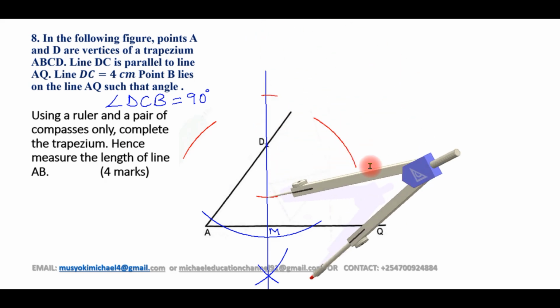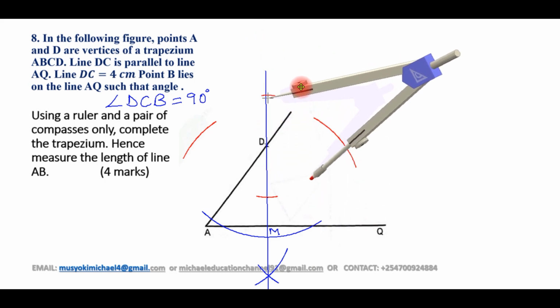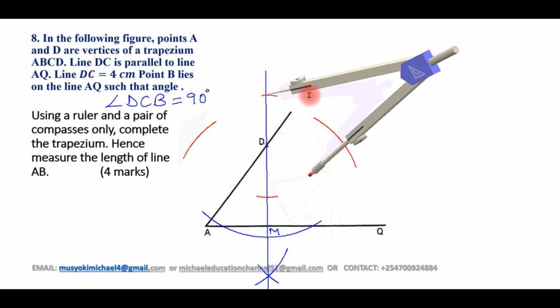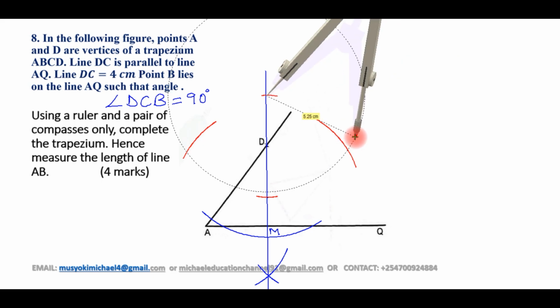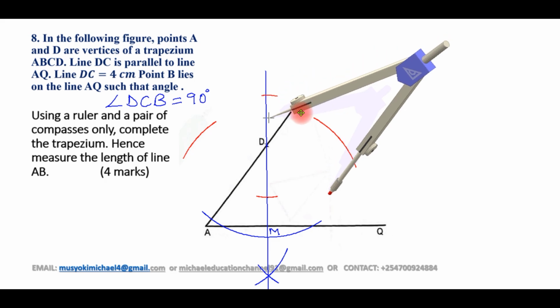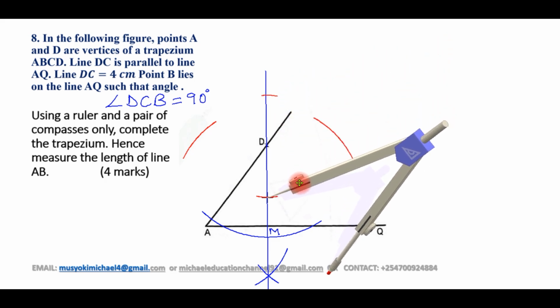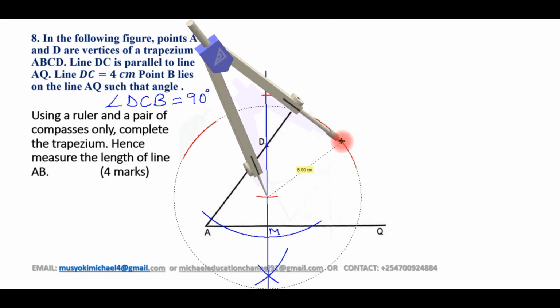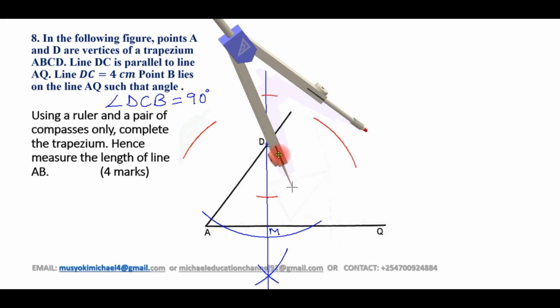Then I also use the other arc. I need actually to maintain the radius, so I'll have to use this arc again, since I need to maintain the same radius.